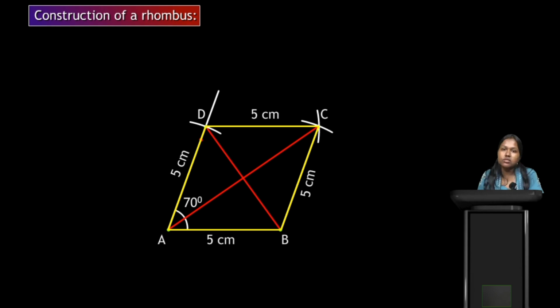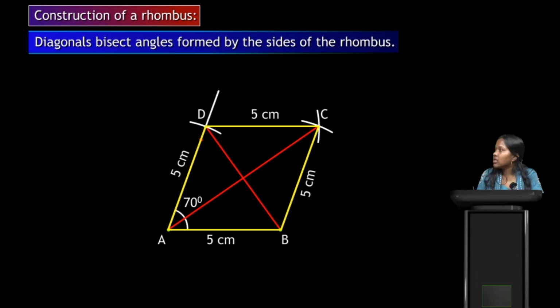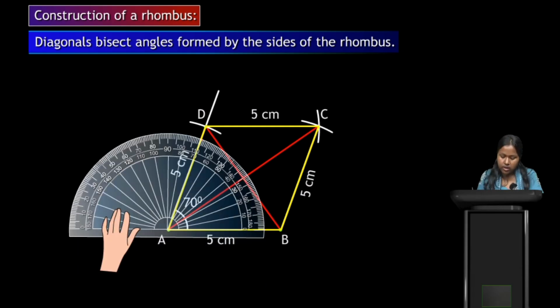Okay, now let's see the construction of a rhombus. Here you see diagonals bisect the angle formed by the sides of the rhombus. That one you know. Here you see the angle is 70 degrees. So as it is bisecting, you can see clearly that this diagonal AC is bisecting the angle DAB.